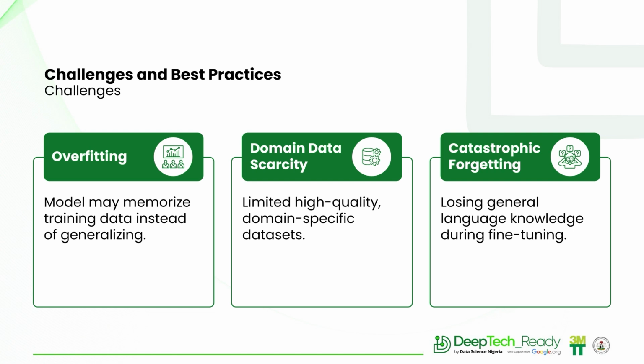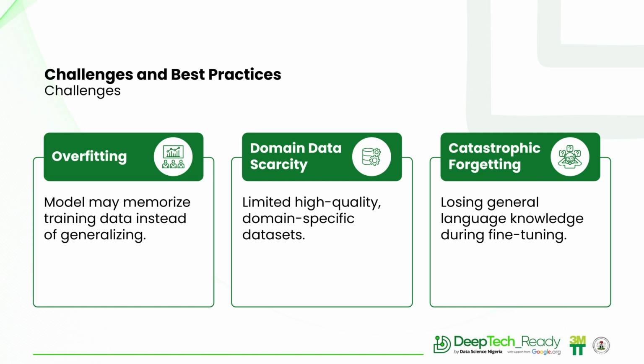Another challenge is the scarcity of high-quality domain-specific datasets. For many specialized fields, such as medical or legal domains, the available data might be limited or hard to collect. This makes fine-tuning more difficult, and we may need to use synthetic data or adapt data from other sources.